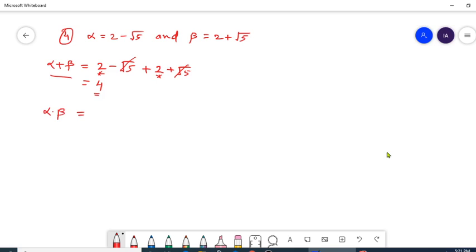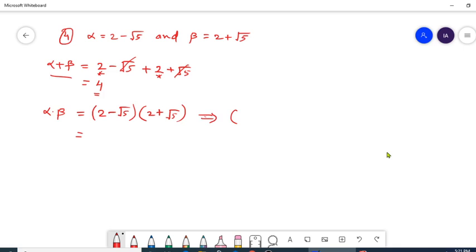Alpha into beta, that is the product of the roots, 2 minus root 5 and 2 plus root 5. So here we are multiplying both the roots. Look, this is 2 minus root 5, this is 2 plus root 5. So it looks like (a minus b)(a plus b), right?